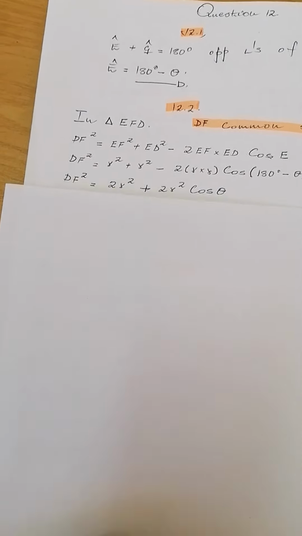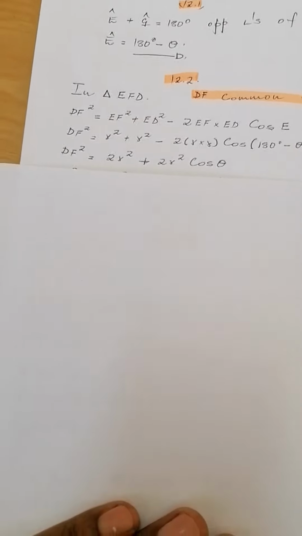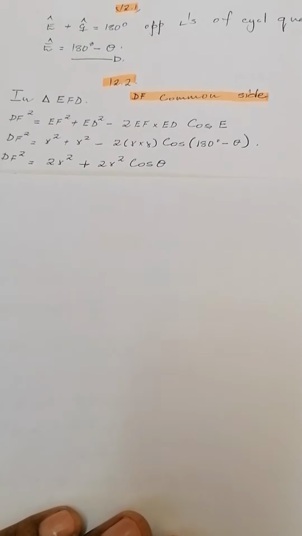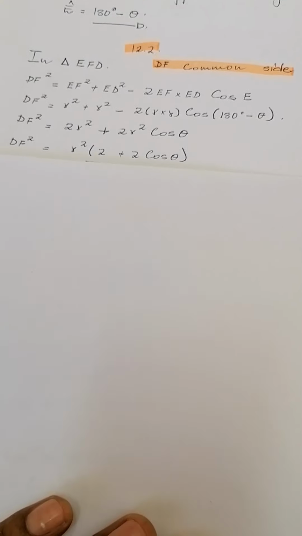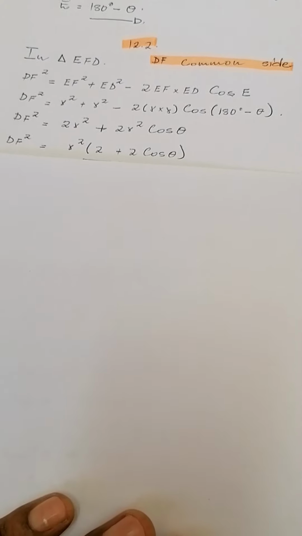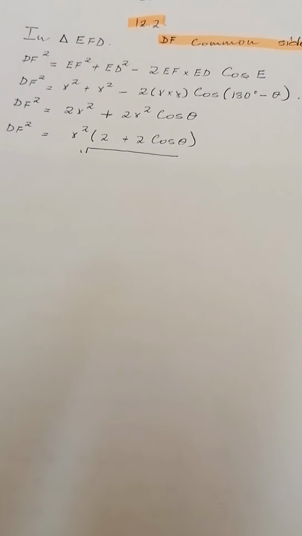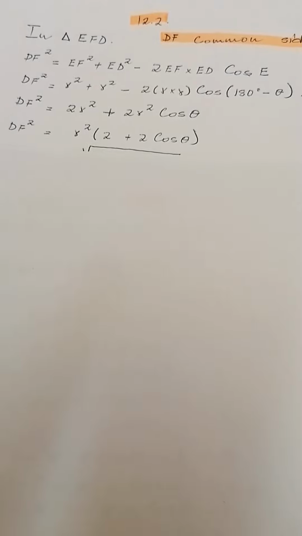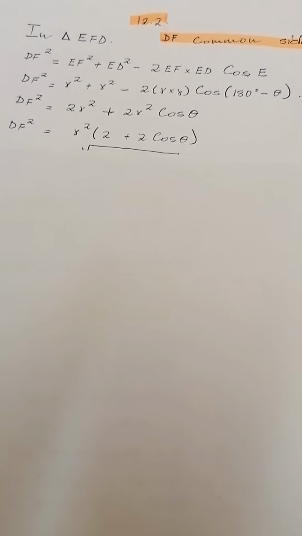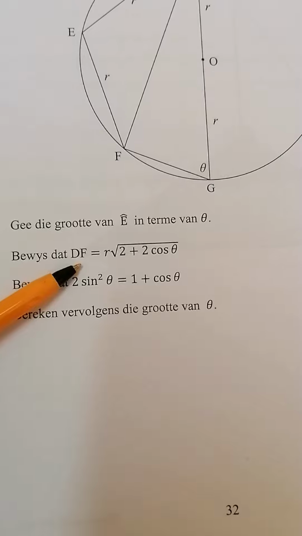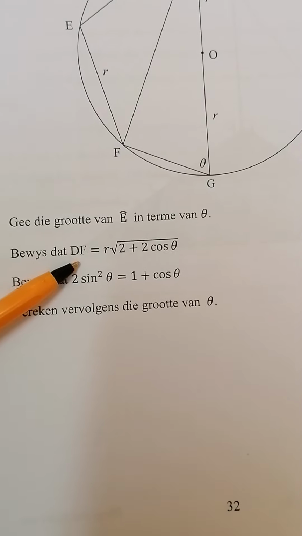Now, moving on, looking at what they want, we had to factorize by removing the common factor, which is R squared. I did that. Now, I get DF squared is equals to R squared multiplied by 2 plus 2 cos theta. If you look at the question, they don't want DF squared, they want DF.